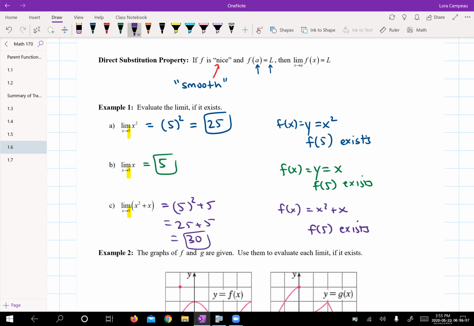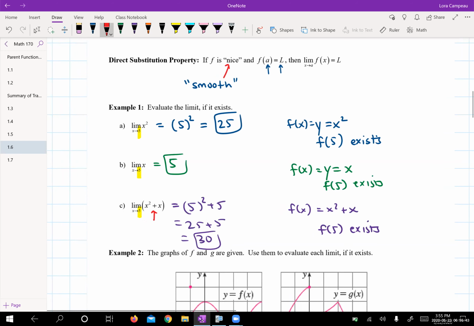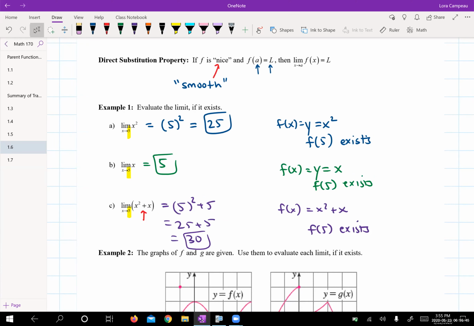Alternatively, you might want to notice that you have a sum of two functions in the argument. So one could have thought about it as rewriting this limit as a sum of two limits: the limit as x approaches 5 of x squared plus the limit as x approaches 5 of x.